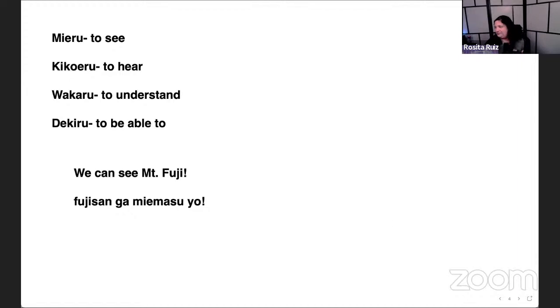So, there are particular verbs that cannot be used with the potential verb ending or the potential suffix ending of rareru and eru, because they already include the potential meaning.